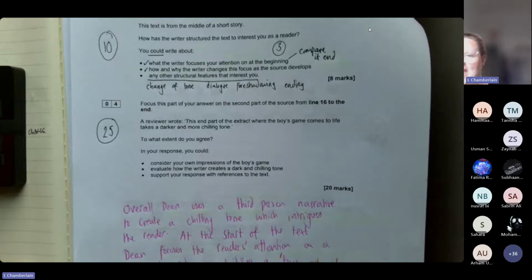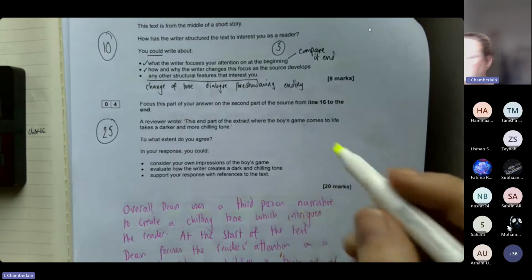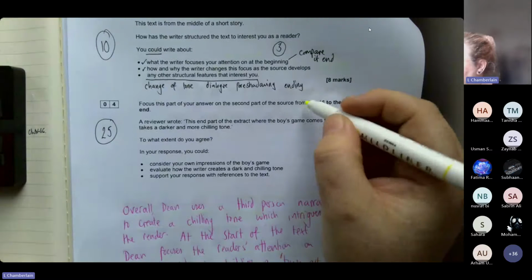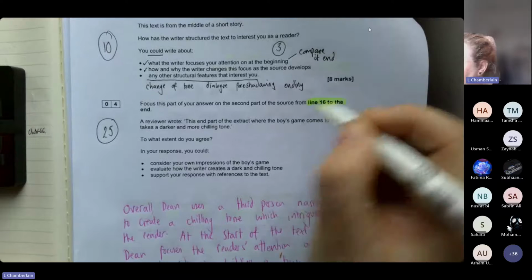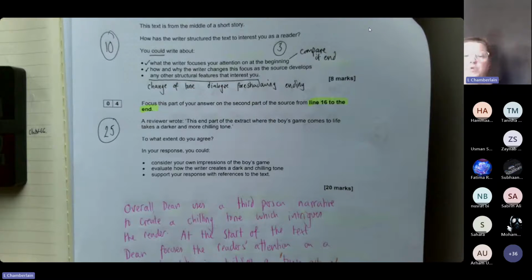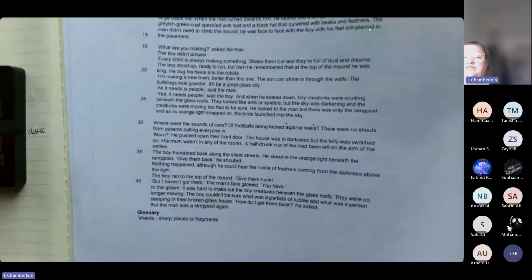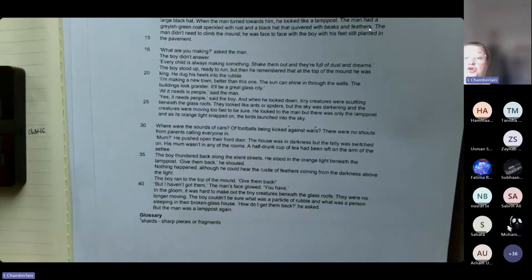Now, this question, again, is going to ask you to refer to a very specific part of the text. So here it says this part of the answer on line 16 to the end. Again, it's really important that you only focus on that section, because if you write about something outside of those lines, you're not going to get a mark for it.